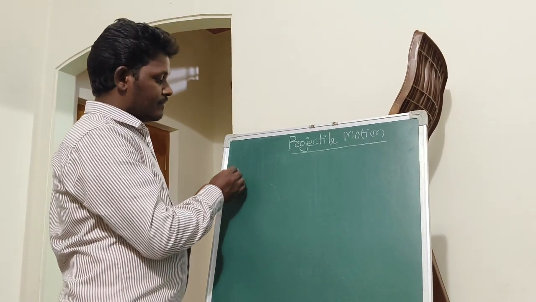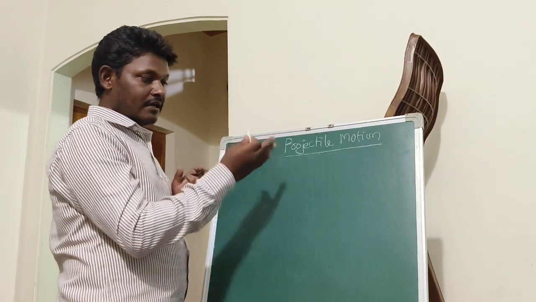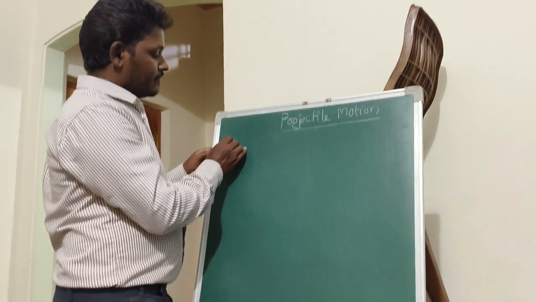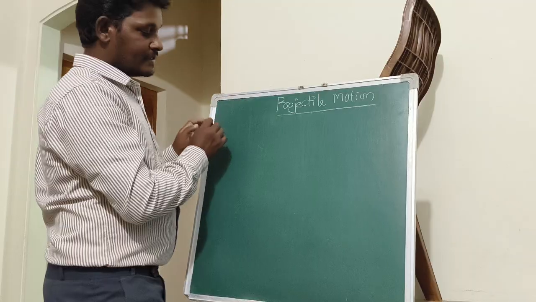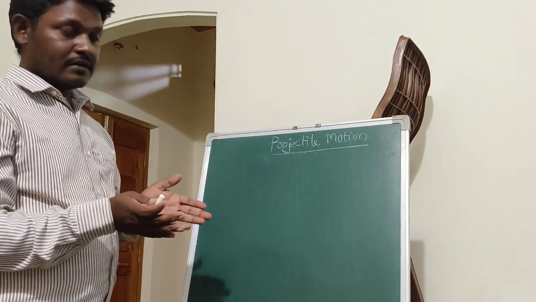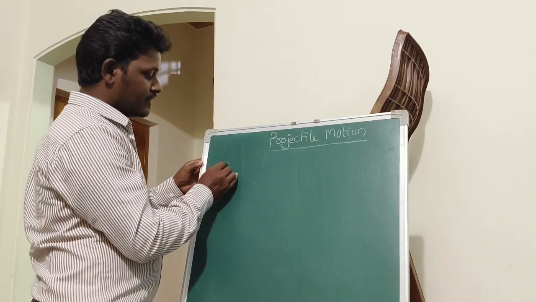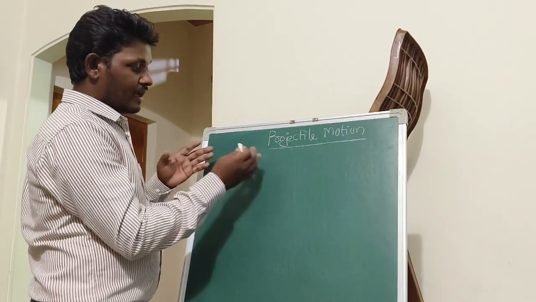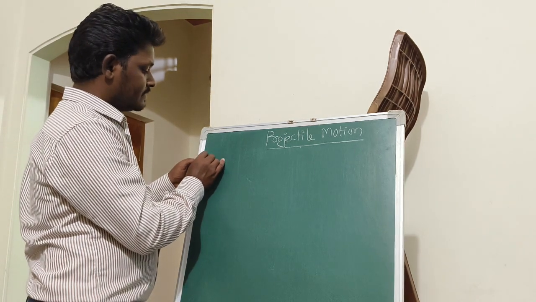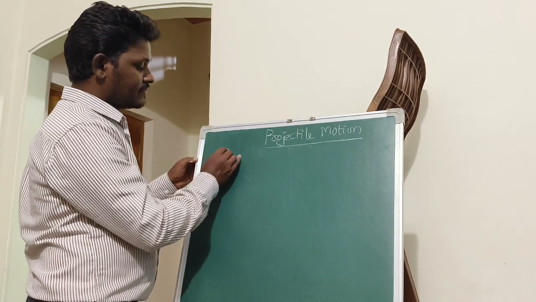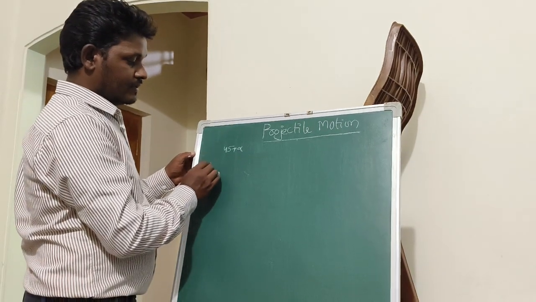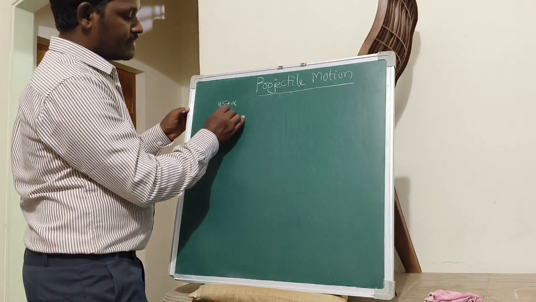Let us see one problem. If a body is projected with complementary projection angles, then the ranges are equal. Let us prove that. Complementary angles means the sum of the angles is 90. So I am taking two angles, 45 plus alpha and 45 minus alpha.